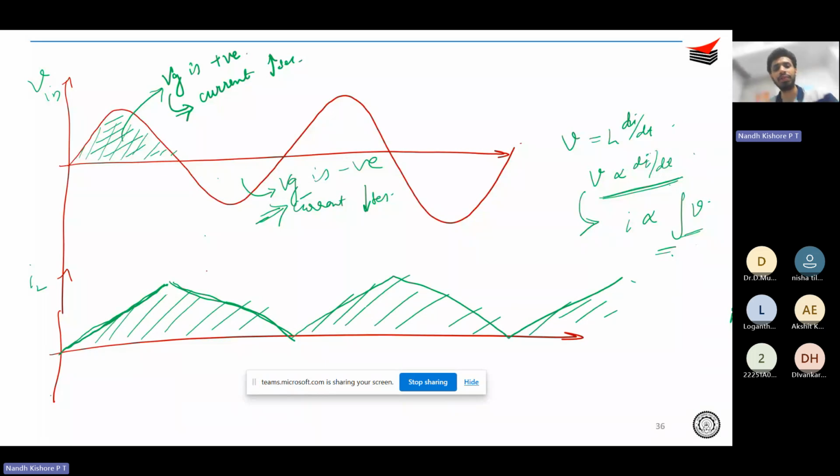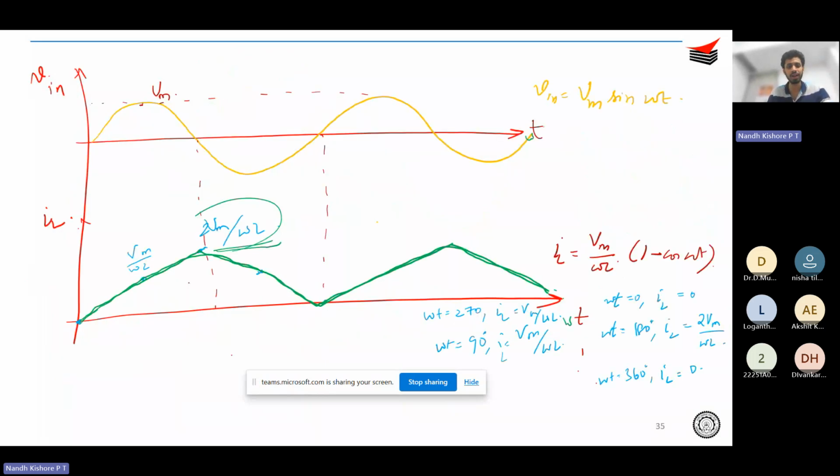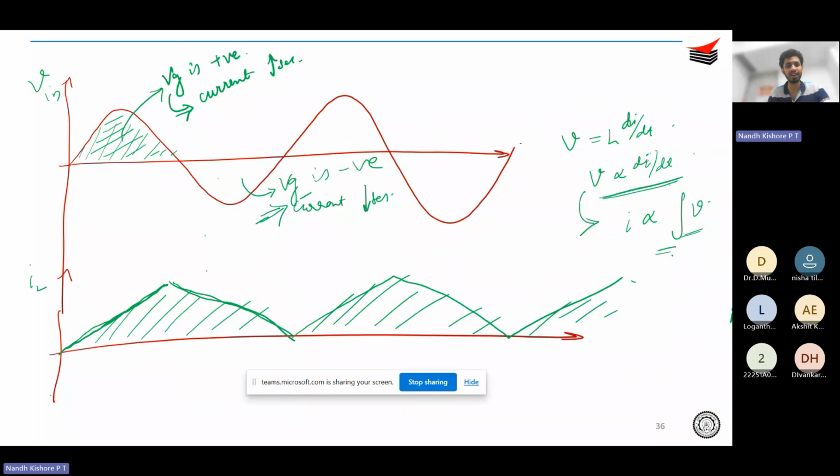Simple, right? This is a simple approach because it was only an MCQ question. But if you had to derive, of course, you can derive. Derivation is also not that tough, but you can just use your logic: V is equal to L di by dt, so I is proportional to the integral of voltage. If my area is positive, current increases. If my area is negative, current decreases.